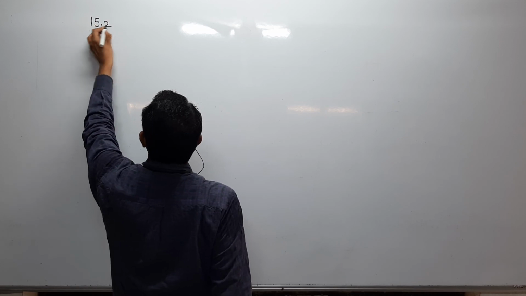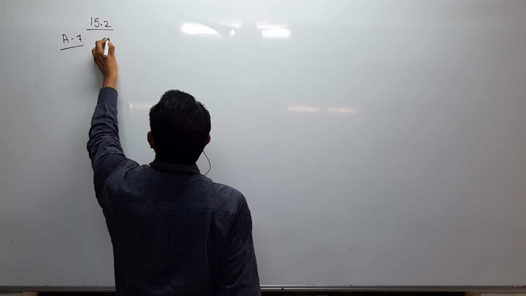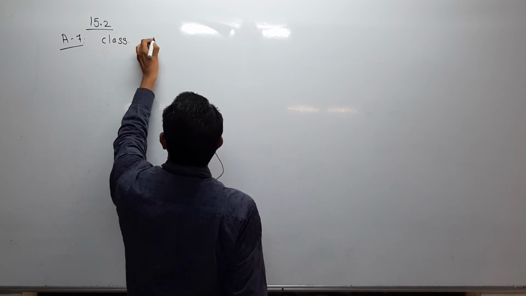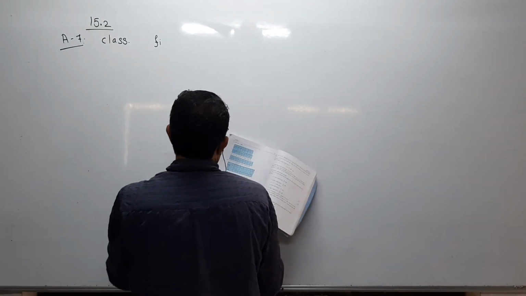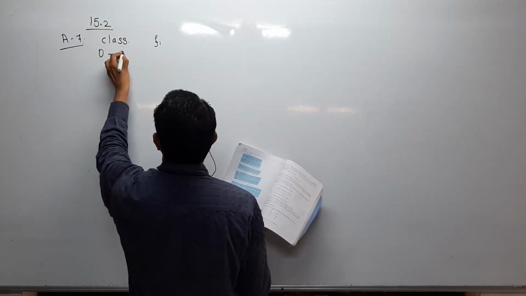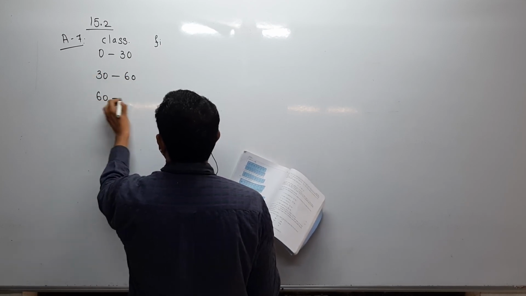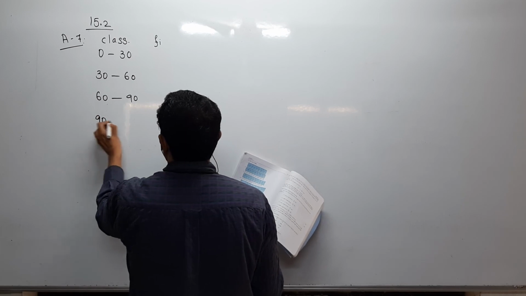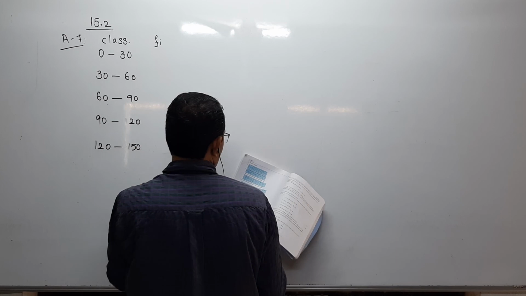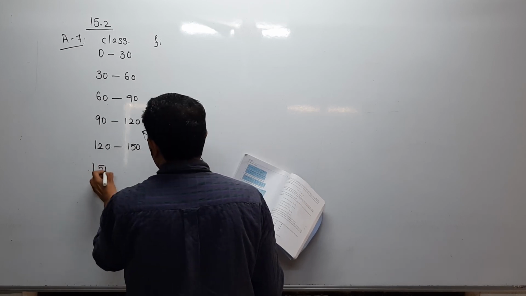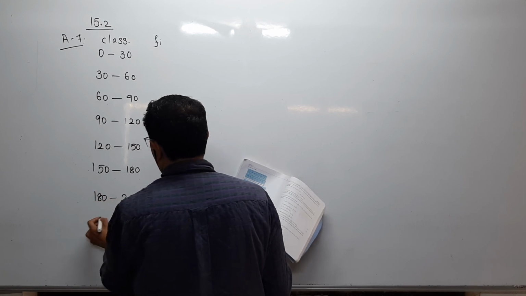Exercise 15.2, answer 7. We note down classes and frequencies. The classes are 0 to 30, 30 to 60, 60 to 90, 90 to 120, 120 to 150, 150 to 180, 180 to 210.